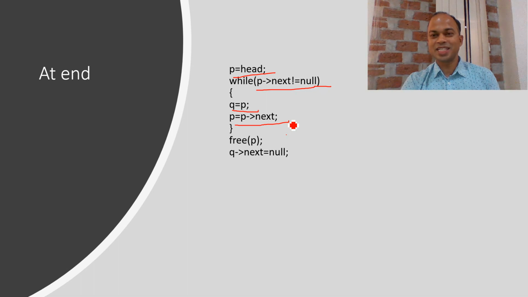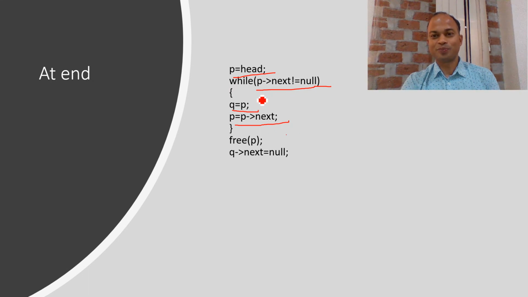As P contains the address of the first node, P arrow next means the address of the second node. So Q contains the address of the first node and P contains the address of the second node. It simply means that if P contains the address of the last node, then Q contains the address of the second last node. So we can get the address of the second last node and the address of the last node using this while loop.